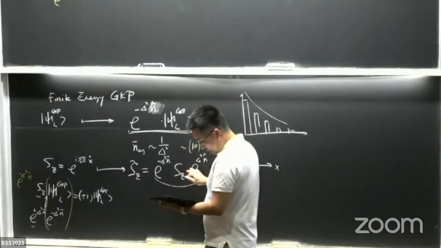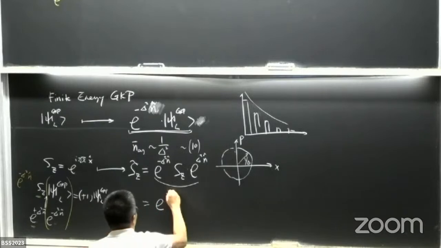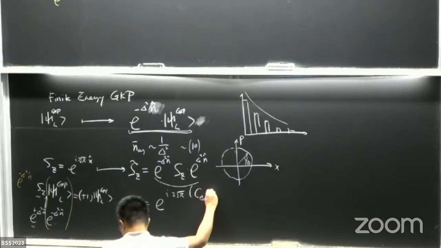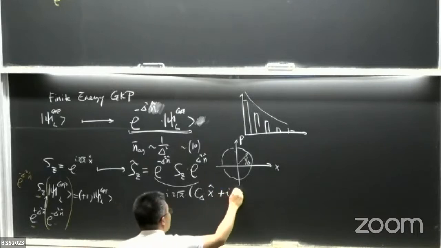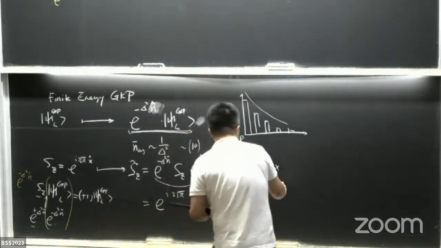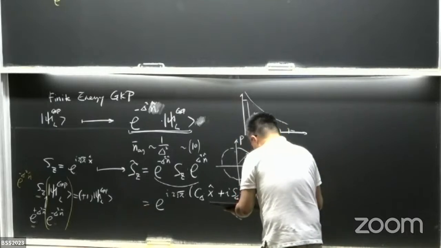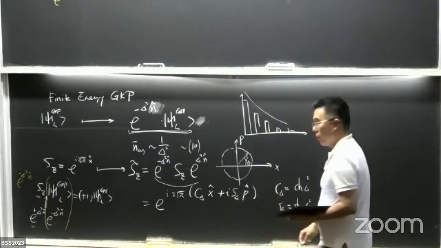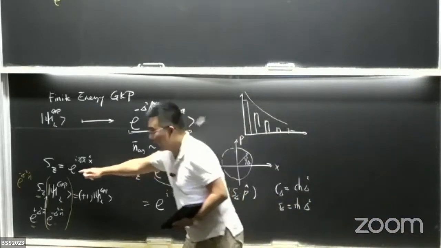And this stabilizer, if you write it out, will have a form which is e to the i 2 root pi, and then associated with the position displacement. And then there is an imaginary part associated with the momentum displacement, where C delta is cosh delta squared, and S delta is sinh delta squared. Now take delta to be 0, this vanishes and this restores the original stabilizer.